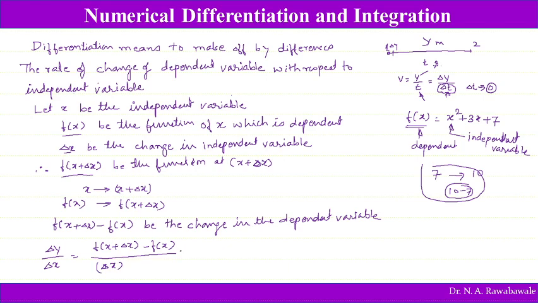Now if delta x is allowed to approach zero, the difference becomes the derivative.